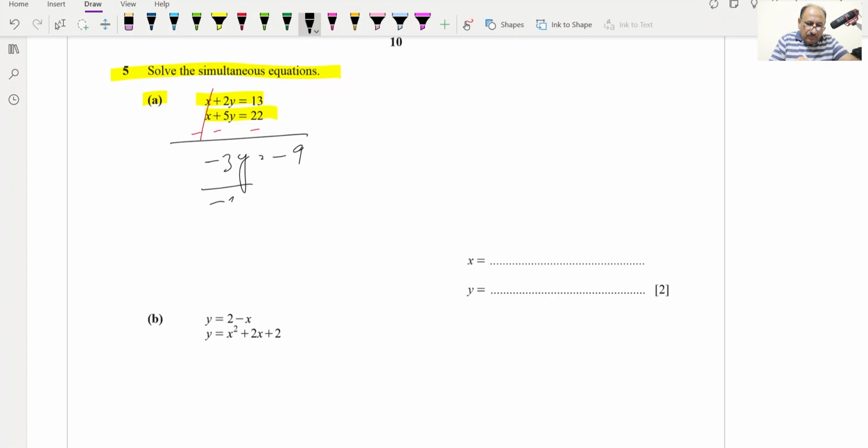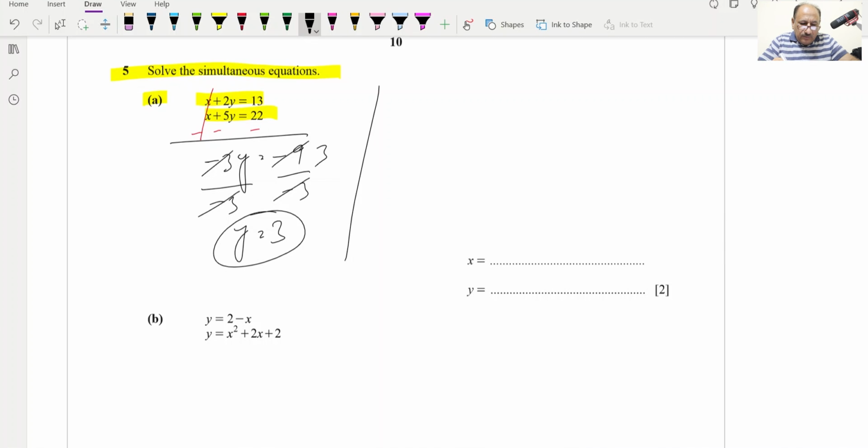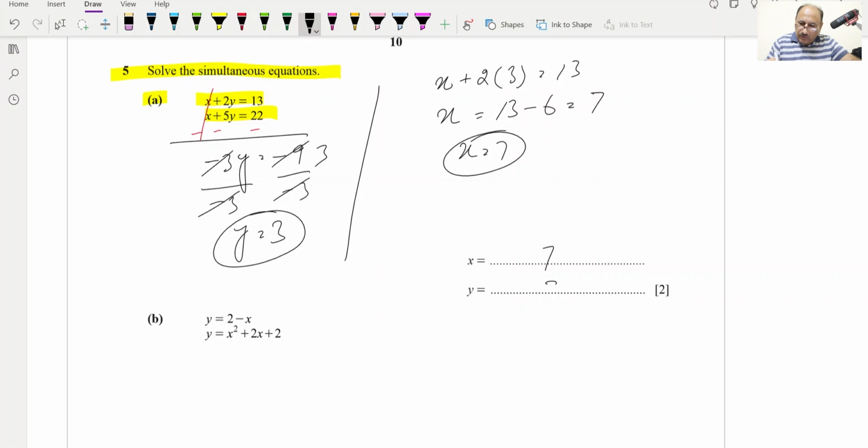Divided by minus 3, so y is equal to 3. We got y is equal to 3, and this value we can replace in any of the two original equations. I am replacing in the first one, so x plus 2 into 3 is equal to 13. So x is equal to 13 minus 6, which is equal to 7. So x is equal to 7, y is equal to 3.